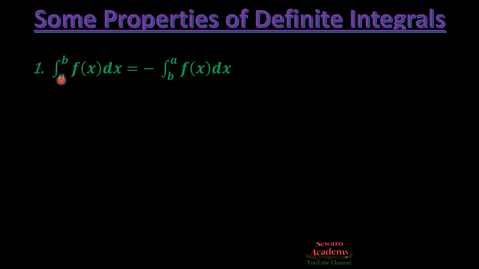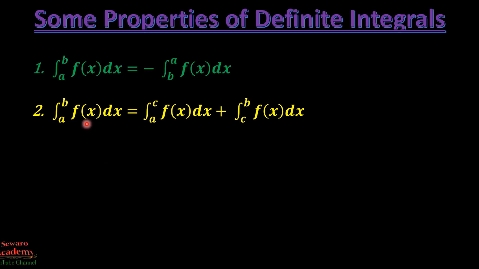Lower limit a, upper limit b. If we interchange the lower limit and upper limit, then there will be a minus sign in front of the integral. The second property is this: integration from a to b.